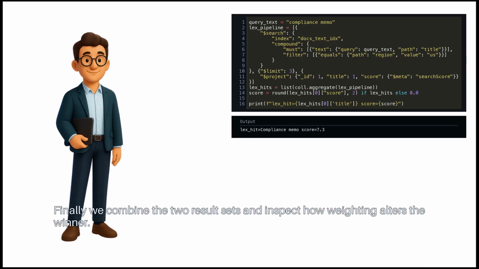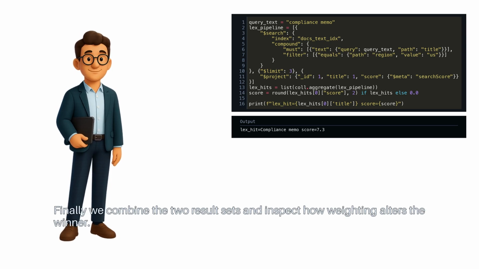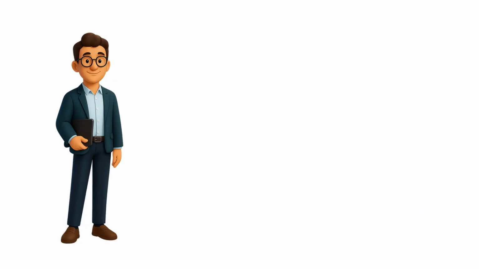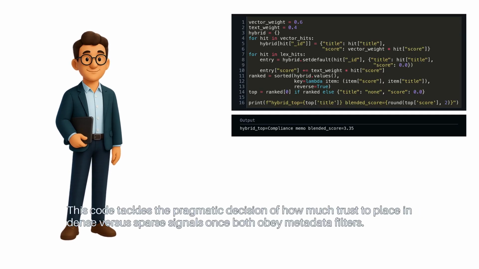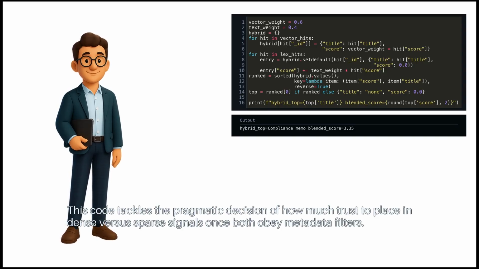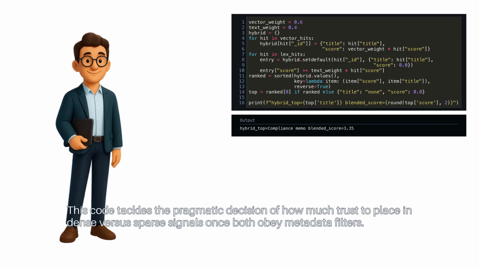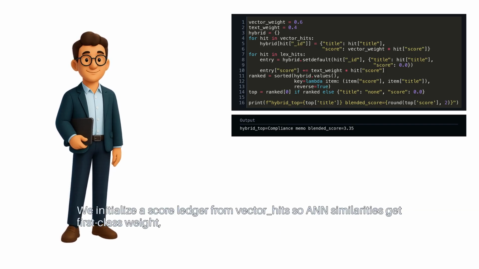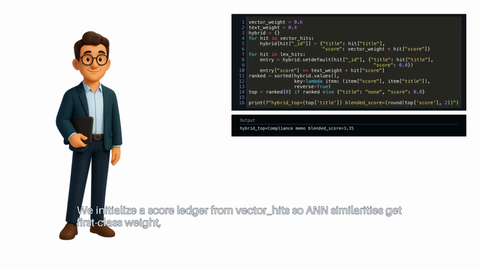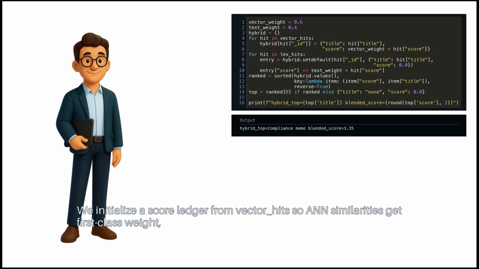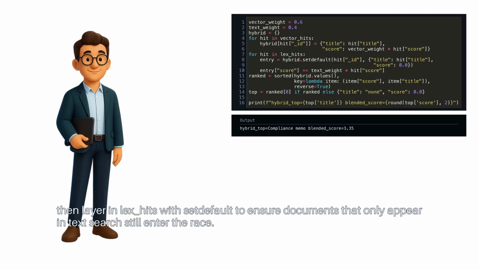Finally, we combine the 2 result sets and inspect how weighting alters the winner. This code tackles the pragmatic decision of how much trust to place in dense versus sparse signals once both obey metadata filters. We initialize a score ledger from vector hits, so ANN similarities get first-class weight, then layer in lexical hits with setdefault to ensure documents that only appear in text search still enter the race.